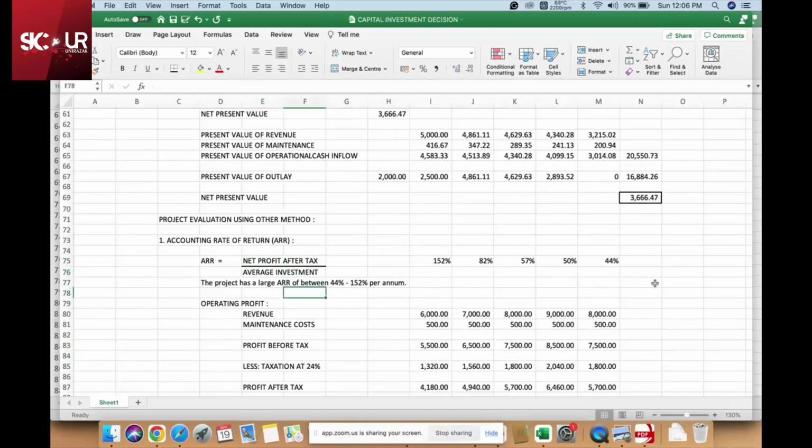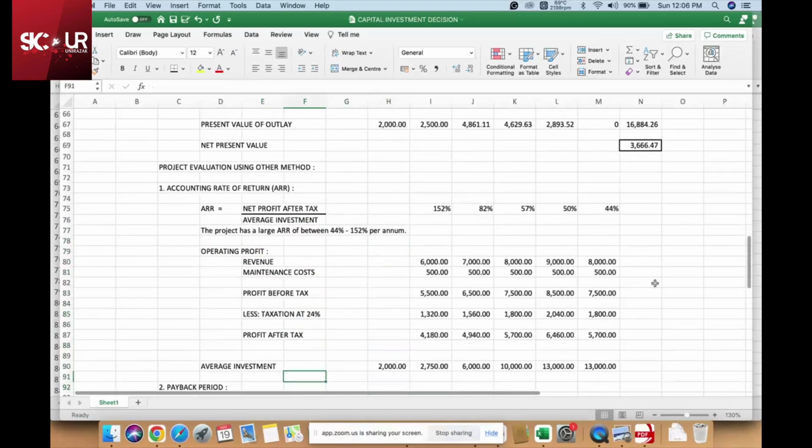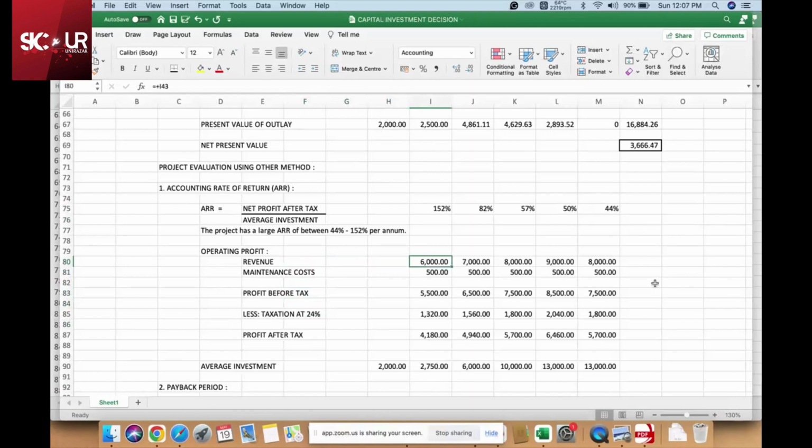So what we will need to do is to calculate the profit after tax, because we need a figure of profit after tax. So we take revenue, use the revenue figure there.